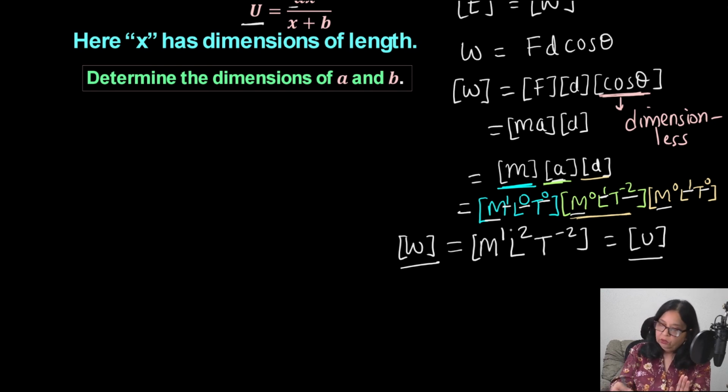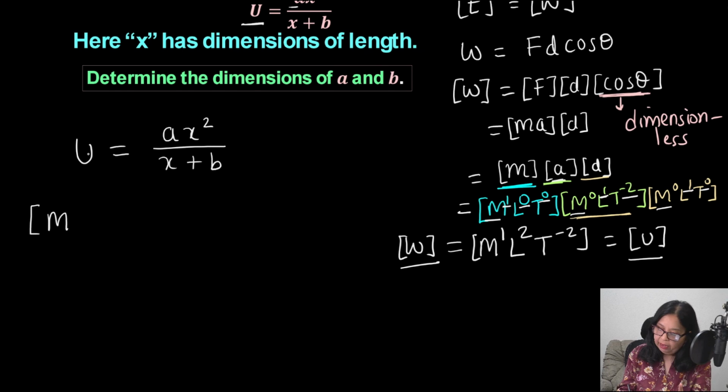Okay, so let me now rewrite this equation. It says the potential energy of the particle is equal to ax squared divided by x plus b. Now I know that the left hand side is m to the power 1, L to the power 2, and t to the power -2.